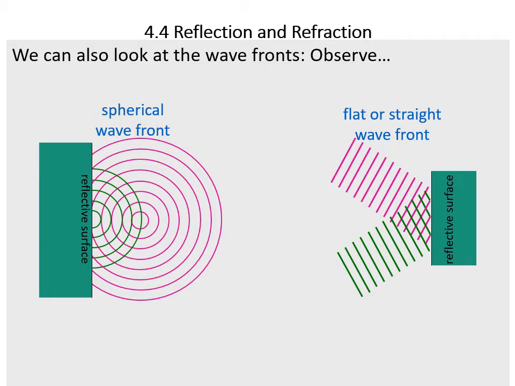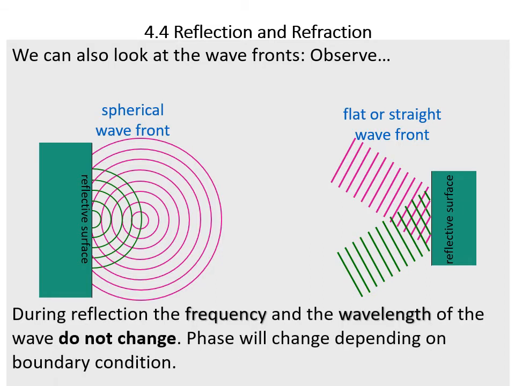We can draw these as spherical wave fronts on the left or flat wave fronts on the right. And it's important, you must know that during reflection, the frequency and the wavelength of the wave do not change. Only the phase of the wave changes depending on the boundary condition. Frequency doesn't change, wavelength doesn't change.